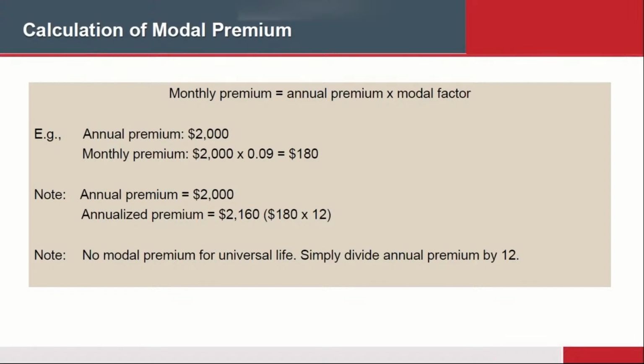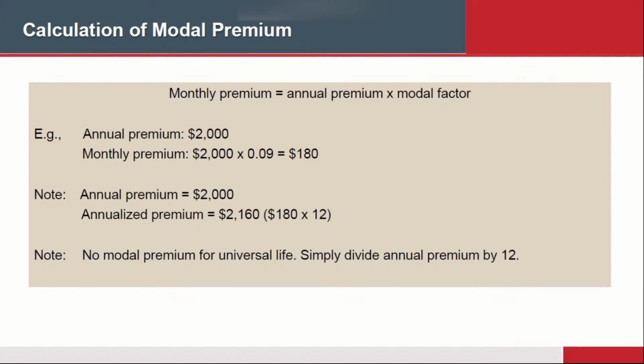An interesting twist, however, is that universal life, as you'll see later, you simply divide by 12. It is the only life insurance product that the insurance companies sell that does not have a modal premium. As you'll see later, the reason is that universal life is predominantly an investment product that happens to have a term insurance rider attached to it, whereas all the other products are true insurance products, so they carry a modal premium.